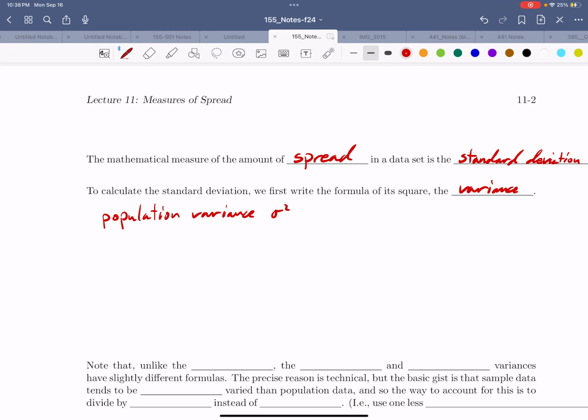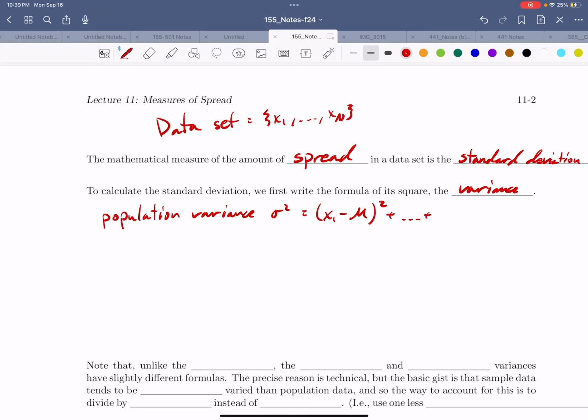Population variance is denoted sigma squared, and I guess this is the point where I should say that the data set is x1 through xn, right? Suppose that you have these n data points. I'm using capital N to denote a population. So it's going to be x1 minus your population mean, squared.